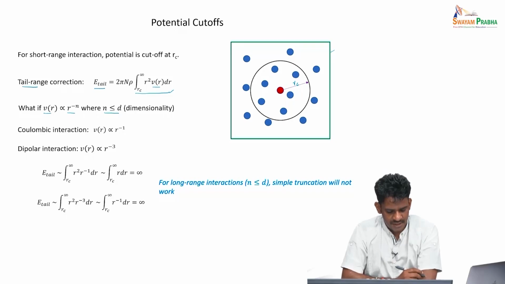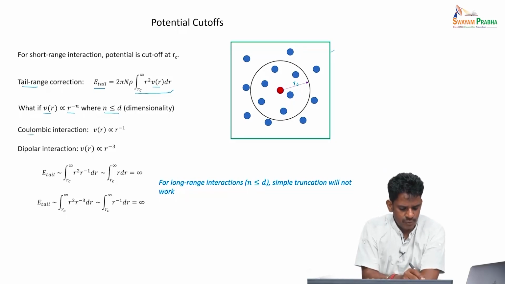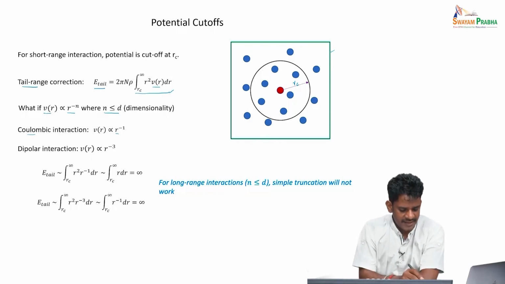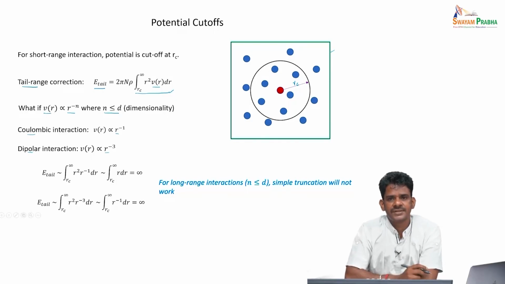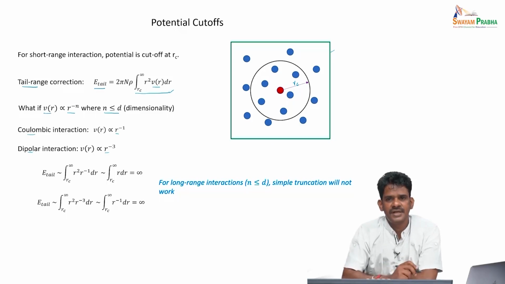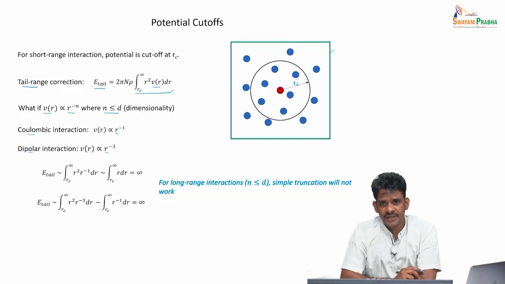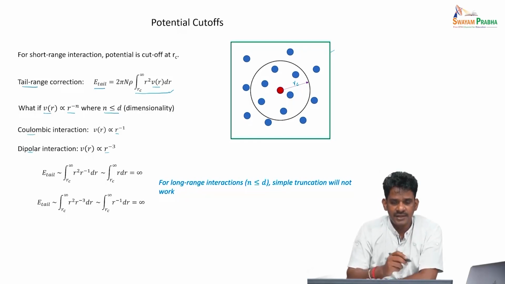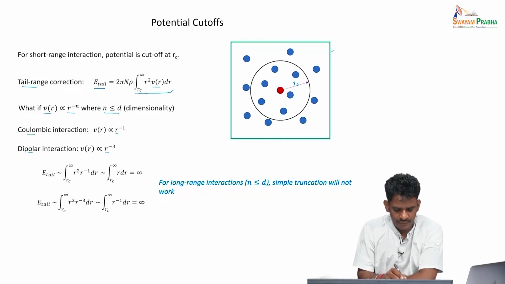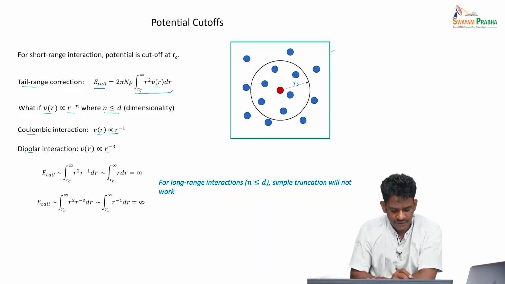To illustrate this point, let us take the Coulombic interaction which goes as 1 by r, or a dipolar interaction which scales as 1 by r power 3, where r is the interparticle distance of a pair i and j. If you apply the energy correction using the Coulombic energy, you have this r square term, and instead of V of r we substitute 1 by r.